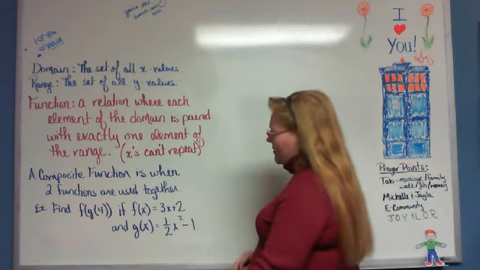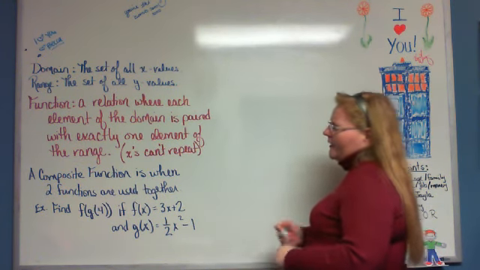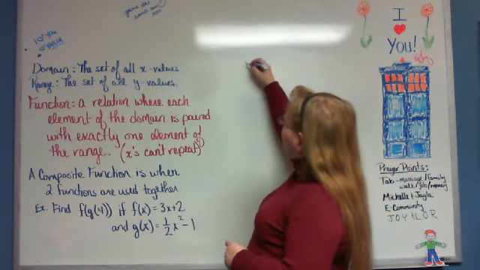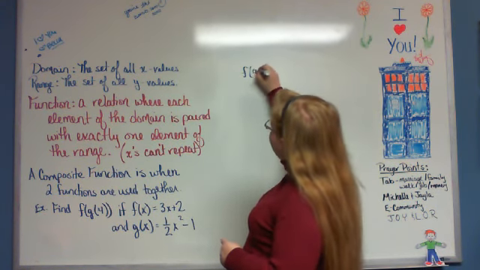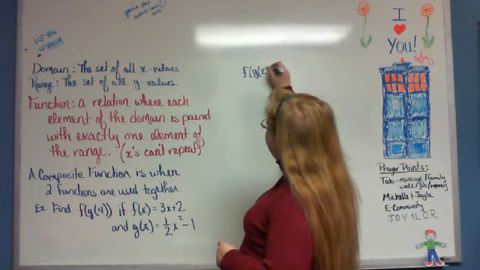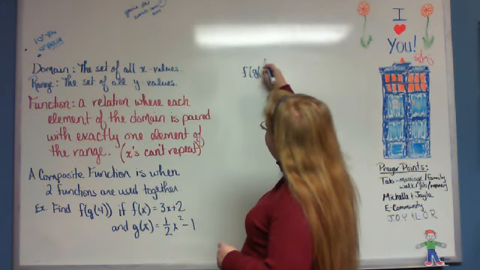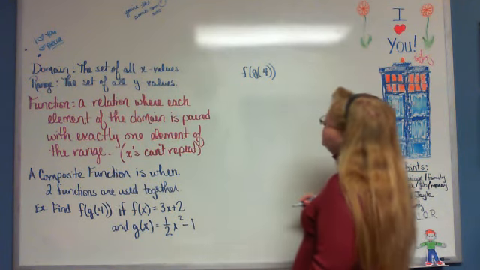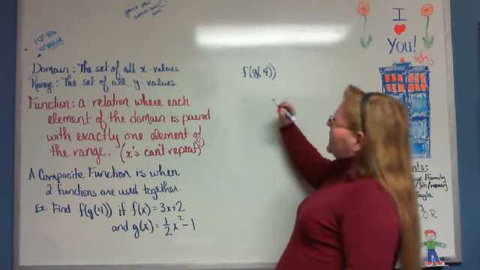In this one, they said that they want you to evaluate f of g of, oops, not x, f of g of 4. They want to know what that is.